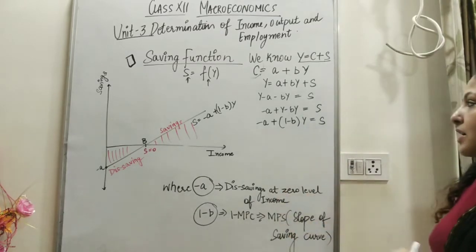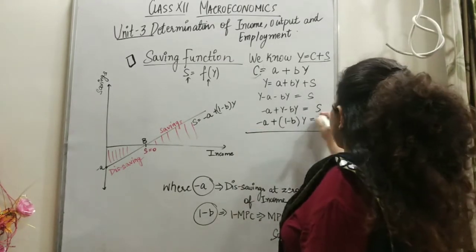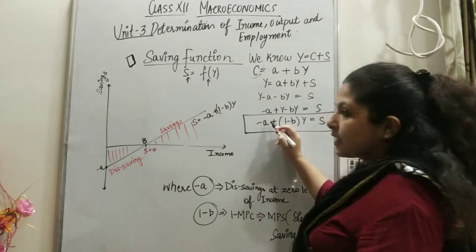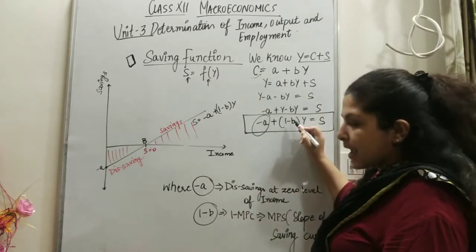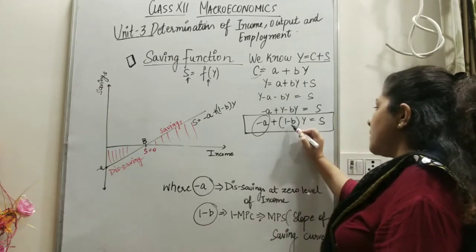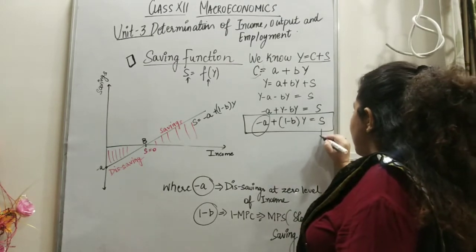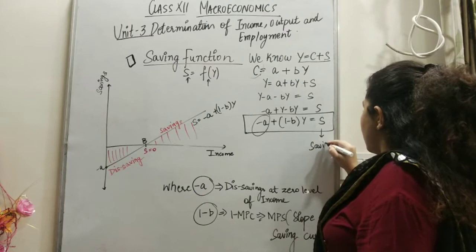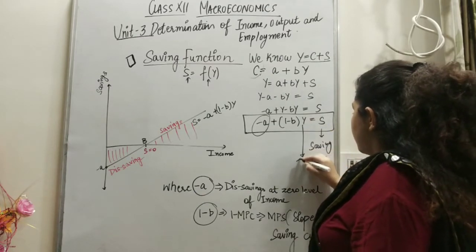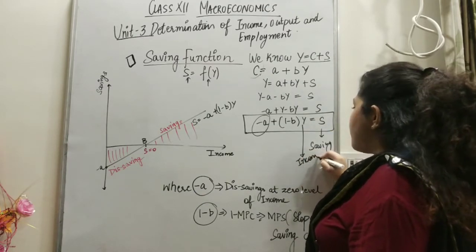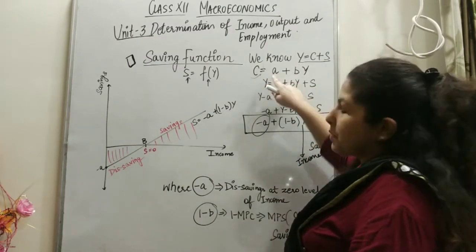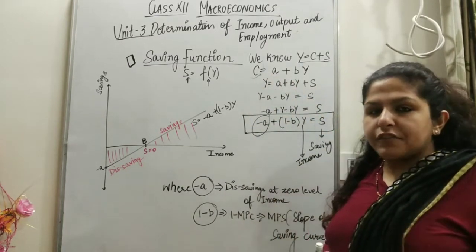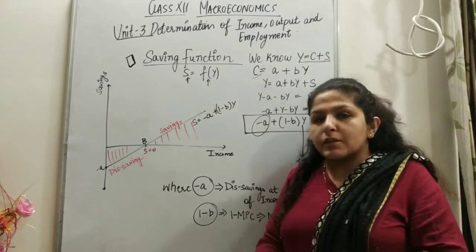So this is our saving function which we have derived, that says something about two values: one, what is minus A, and the other, what is 1 minus B. Because we know S is the saving, right, and Y is the income. So what about minus A? Obviously, at zero level of income, when the consumer is consuming some amount, he is not having any income, so he must be dissaving.